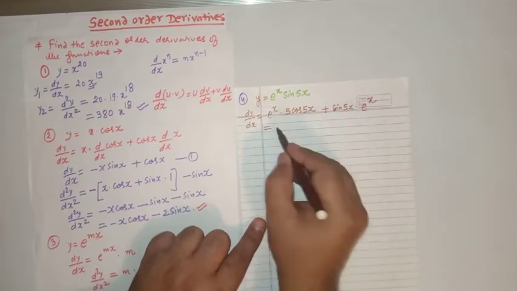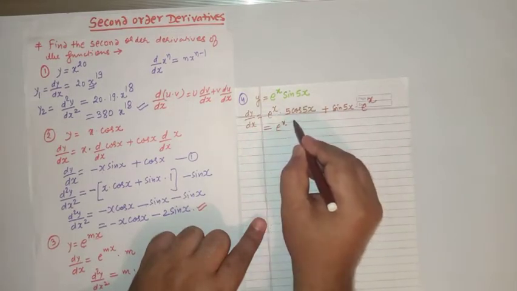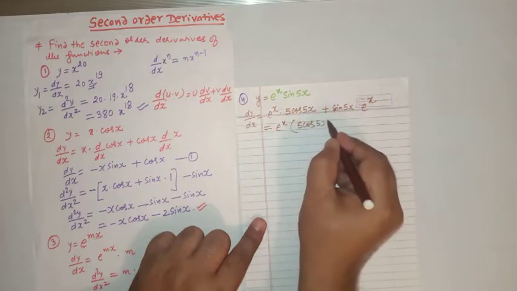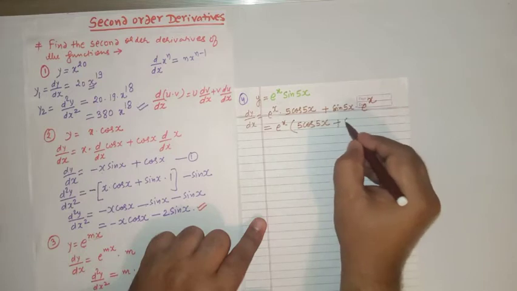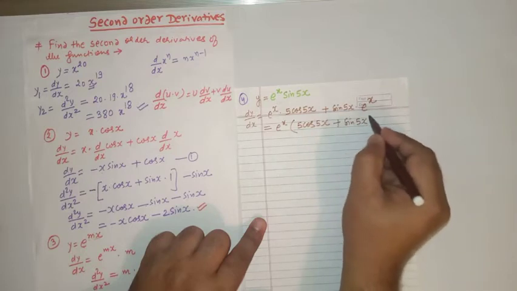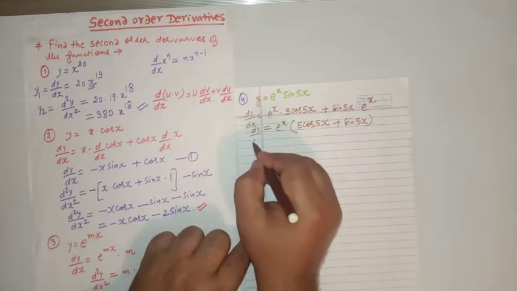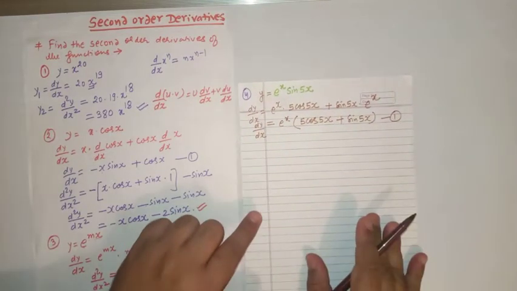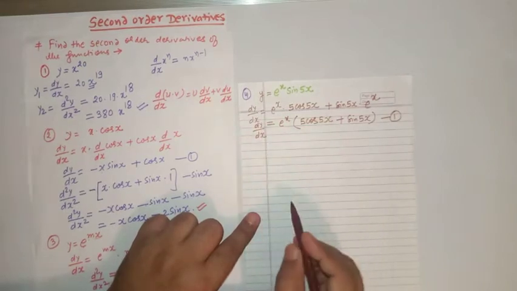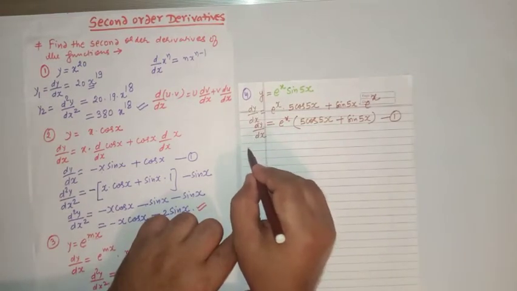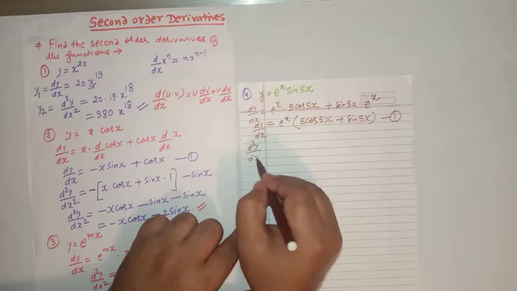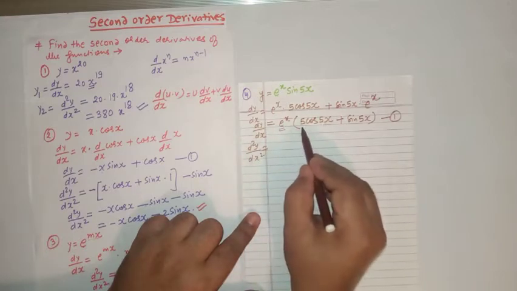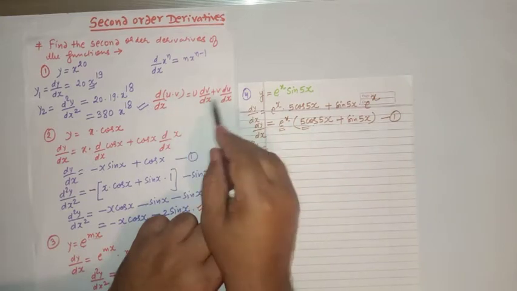Now we can write it as e raised to x times 5 cos 5x plus sine 5x, right? So this is the first order derivative, that is dy over dx. Now we have to find the second derivative. So what we will do, we'll again treat this as u and this as v, and we'll apply this formula.